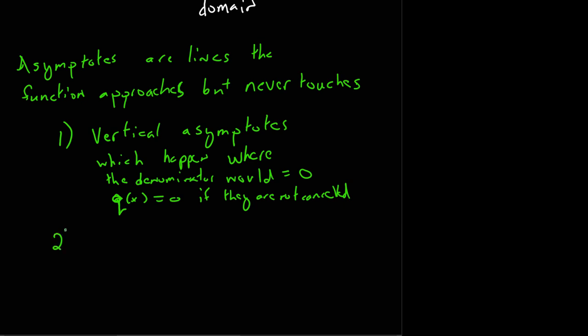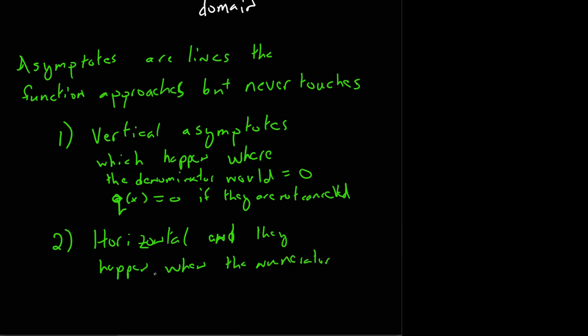The other type of asymptotes we have are horizontal. I'm going to get my definition matching the book's here.